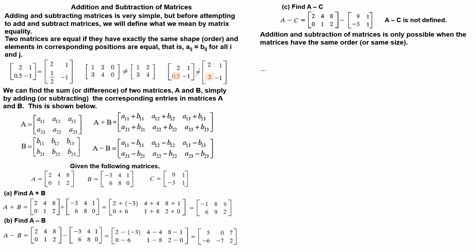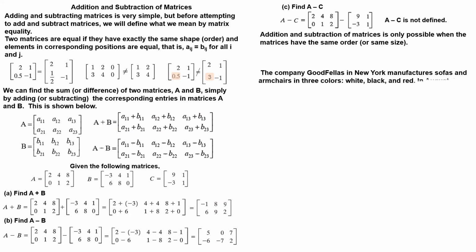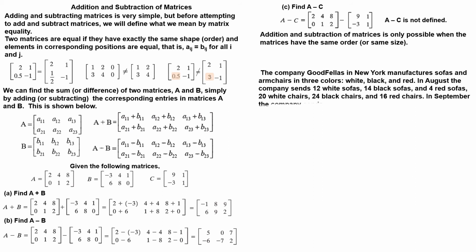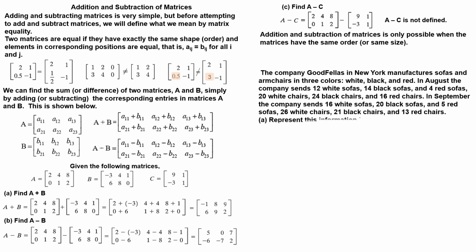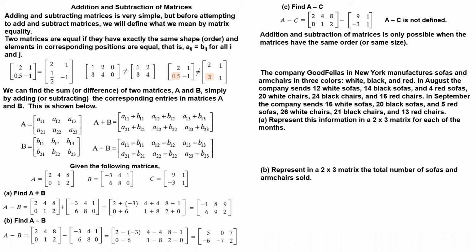Pay attention in this example. This company manufactures 2 types of furniture, armchairs and sofas, and 3 colors for each one.